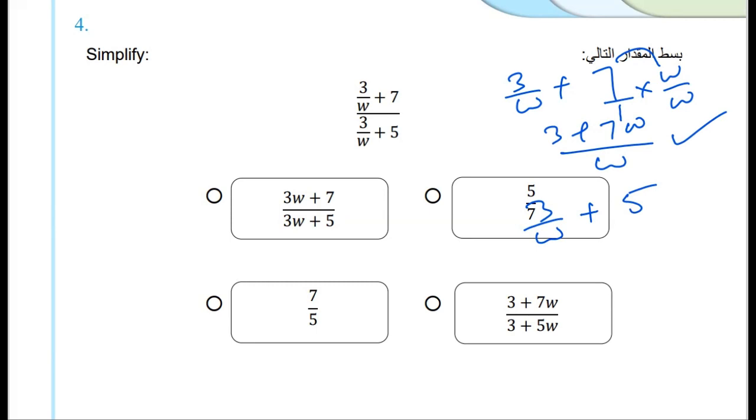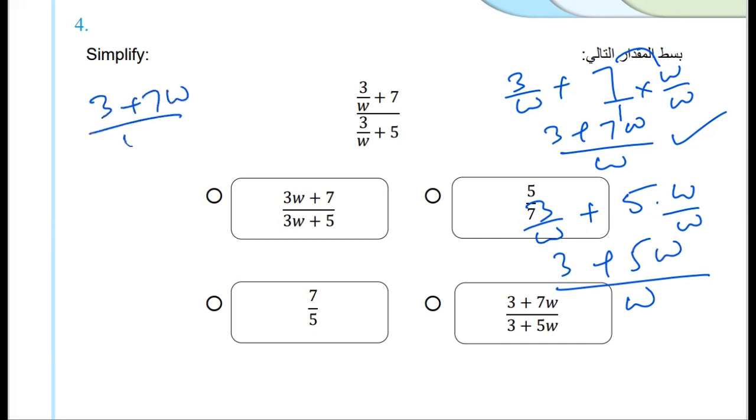We can simplify in the same way by multiplying, dividing with w to make the common denominator. On the top you will write 3 plus 5 times w, 5w. Now look at that. We have 3 plus 7w over w for the top one, over 3 plus 5w over w. That is for the denominator.